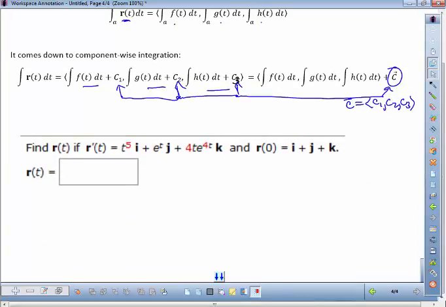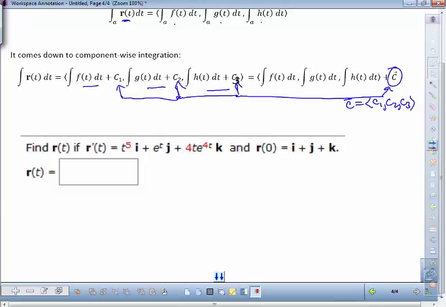All right, let's do an example similar to a homework problem that you guys might have. Here we have r prime of t given to us, and they want us to find r of t, the original function. So we're essentially backtracking, taking the antiderivative. And then they give us a little r of 0 information.